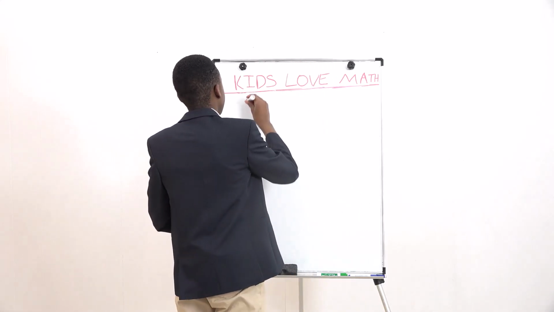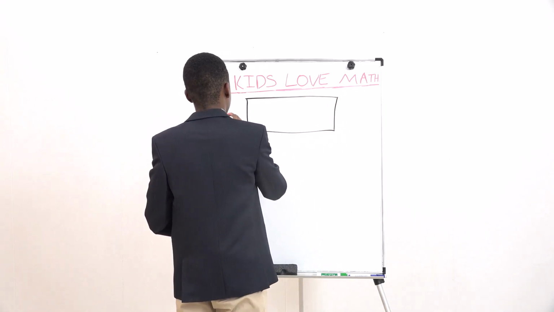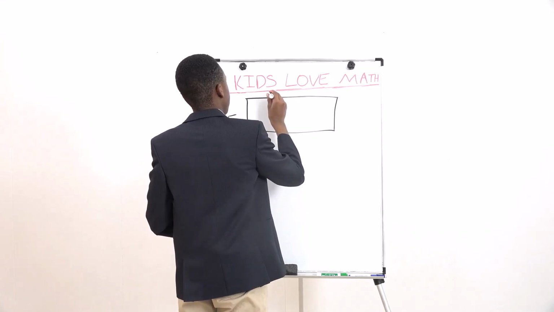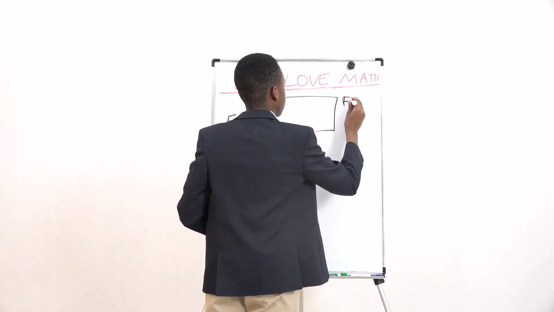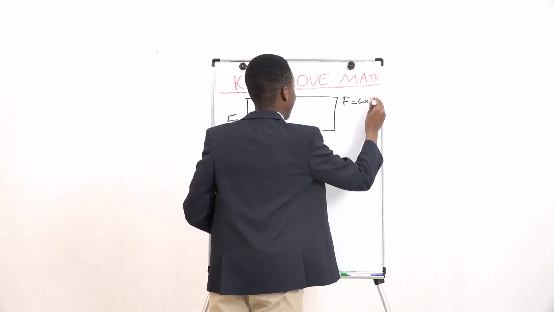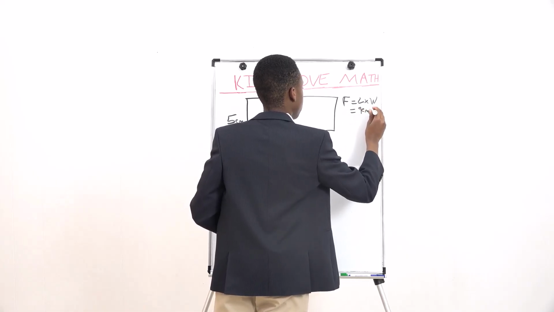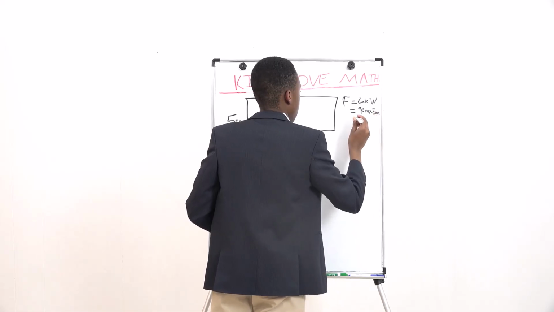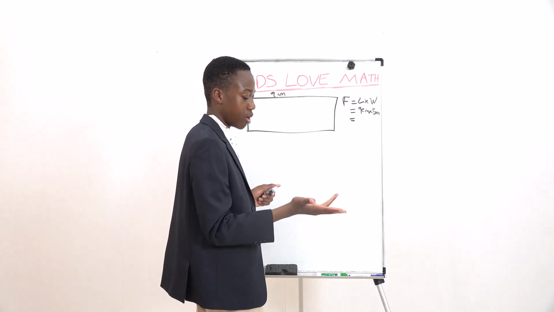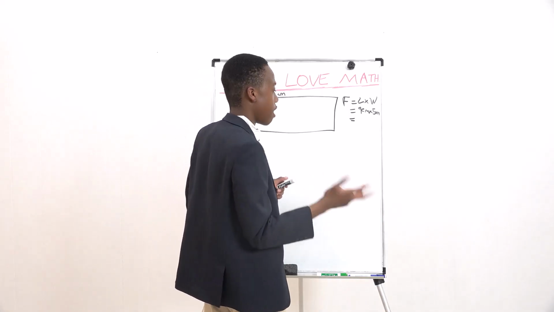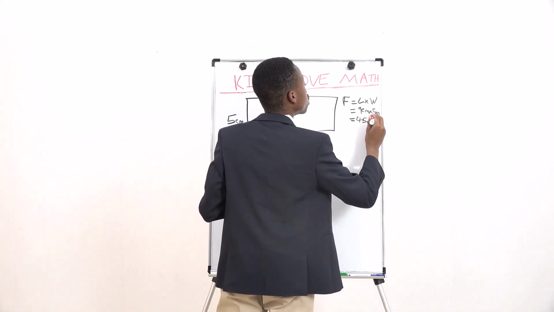So here's 5, here is 9. We know the formula is length times width, which equals 9 centimeters times 5 centimeters. And that should be equal to, if you just go skip counting, 5, 10, 15, 20, 25, 30, 35, 40, 45. So the answer is 45 centimeters squared.